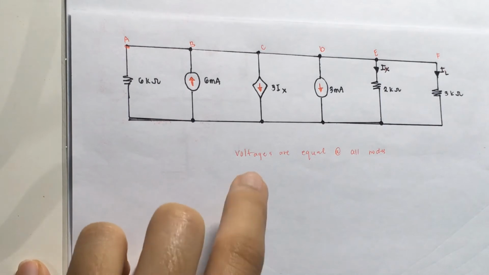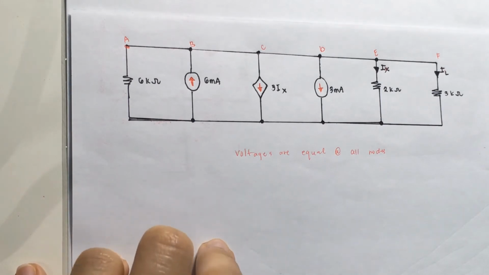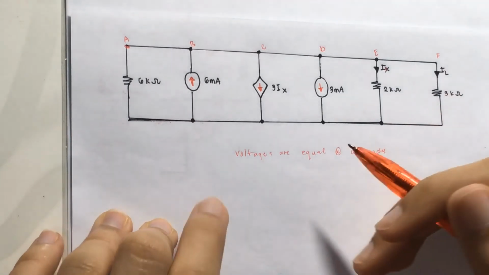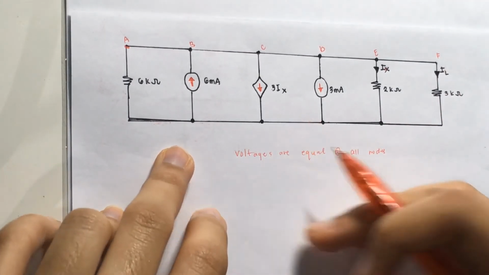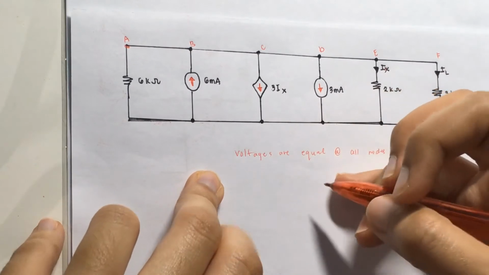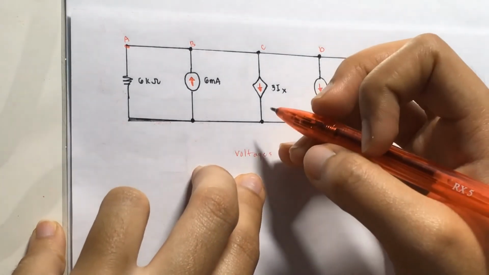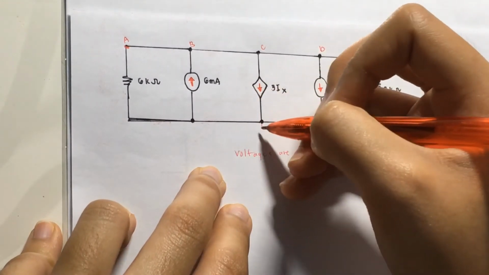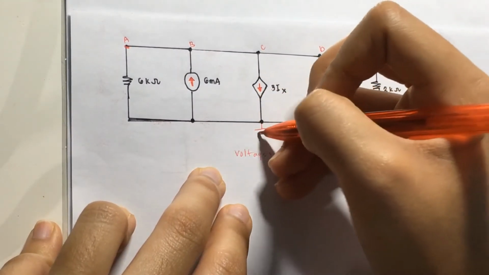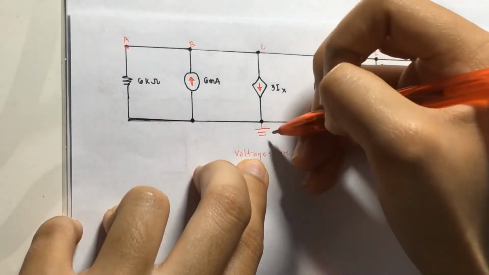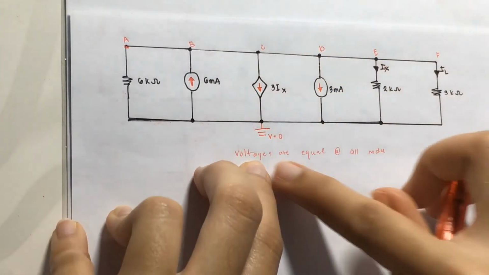In a circuit, we must have a reference node connected to everything, and its voltage will be 0. So I'll choose to put the reference node here. This is the reference node, which means V is equal to 0.